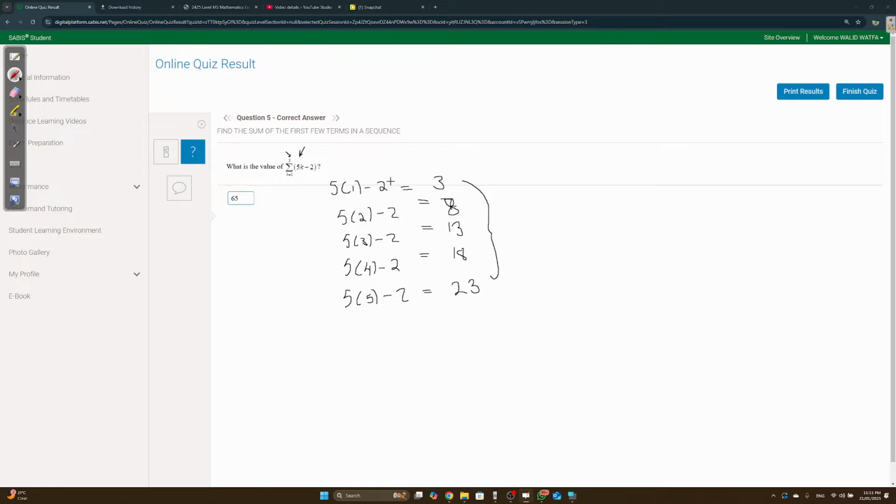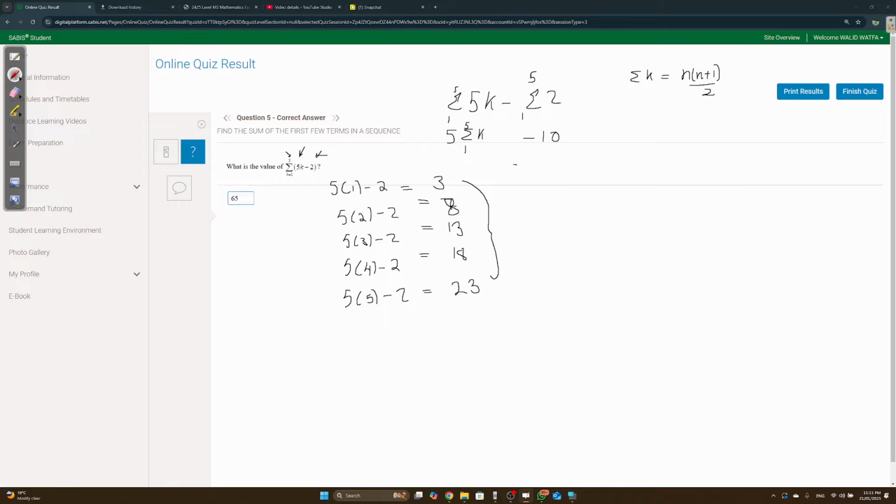An alternative method to solving this is splitting up the sigma into sigma 5k minus sigma 2, obviously from 1 until 5, 1 until 5. Over here you can do 2 times 5 is 10. And here it becomes 5 sigma k from 1 until 5. And then, sigma k is equal to n times (n plus 1) over 2.